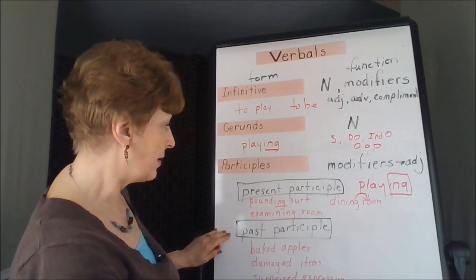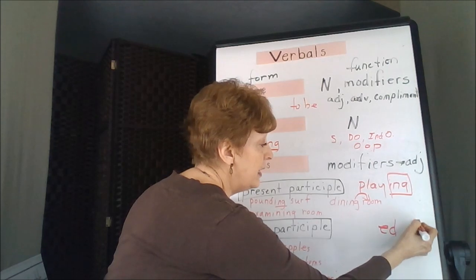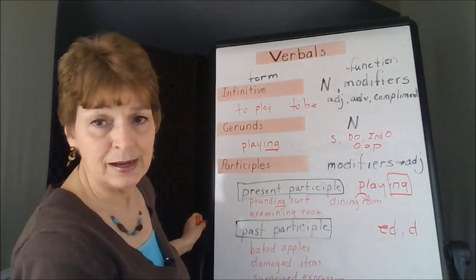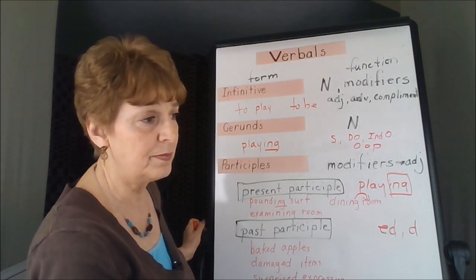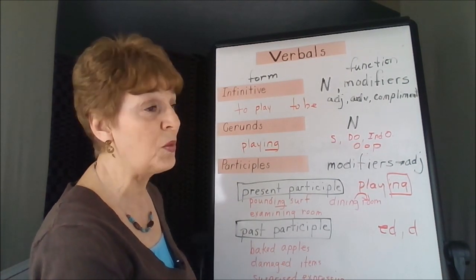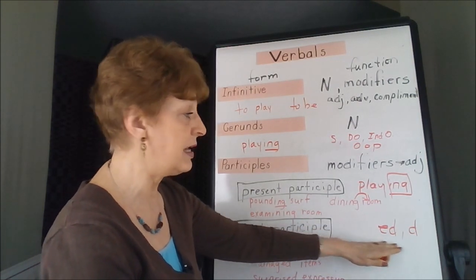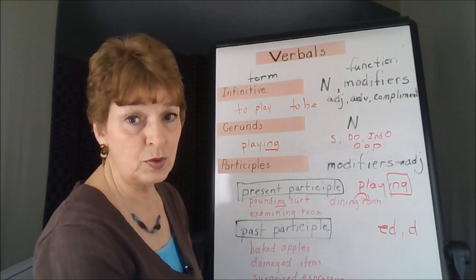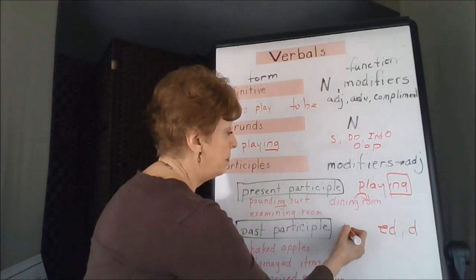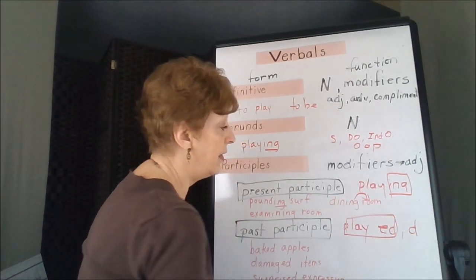The past participle ends with an ed or a d. Sometimes it has t's, but those are for irregular verbs, and I'm teaching you what's most often. So let's just dwell on the ed and d's at the ends of the words. So this would be played. That's what we would have on there.